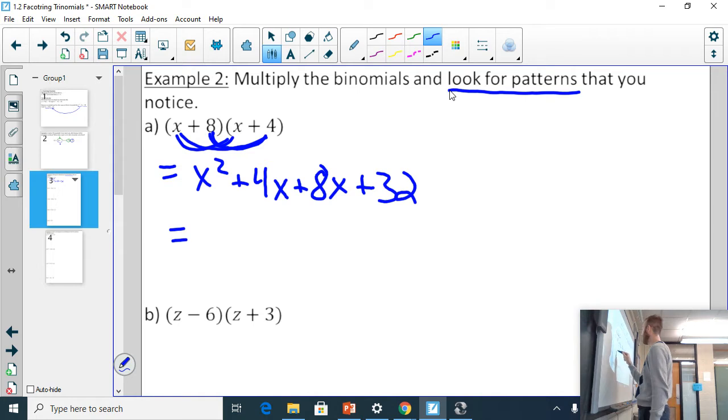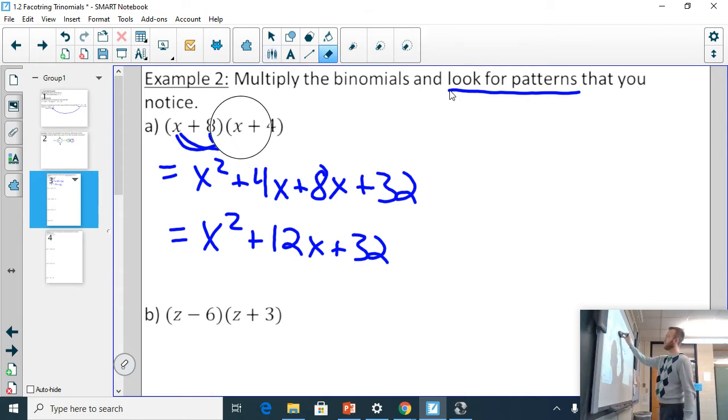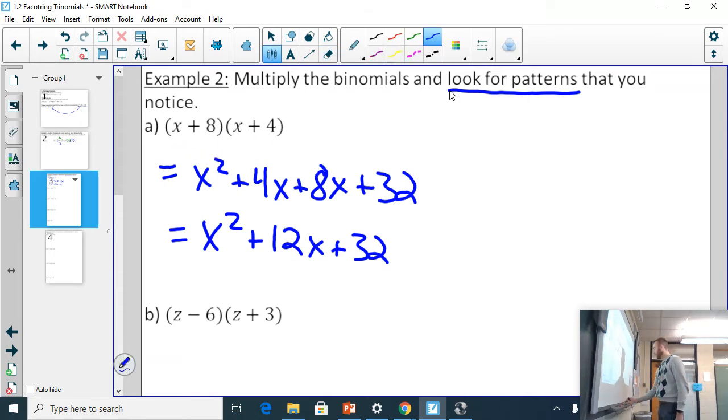Then simplifying, x squared, 4x plus 8x is 12x, plus 32. And here again, notice we have the same pattern. This 32 comes from multiplying 8 and 4, and this 12x comes from adding 8 and 4.